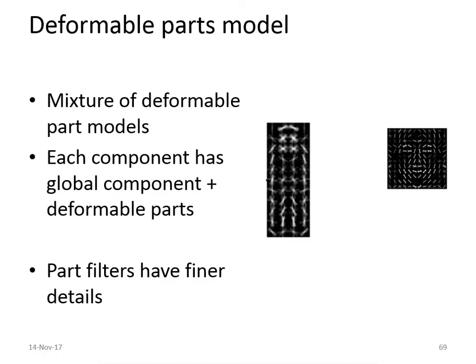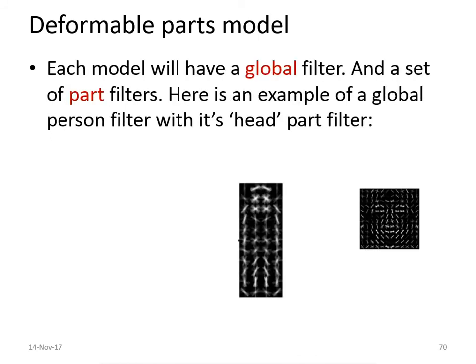So this is an example of the head detector and also the whole body detector. That's exactly what we saw, the HOG weights for Dalal-Triggs, the filter there.